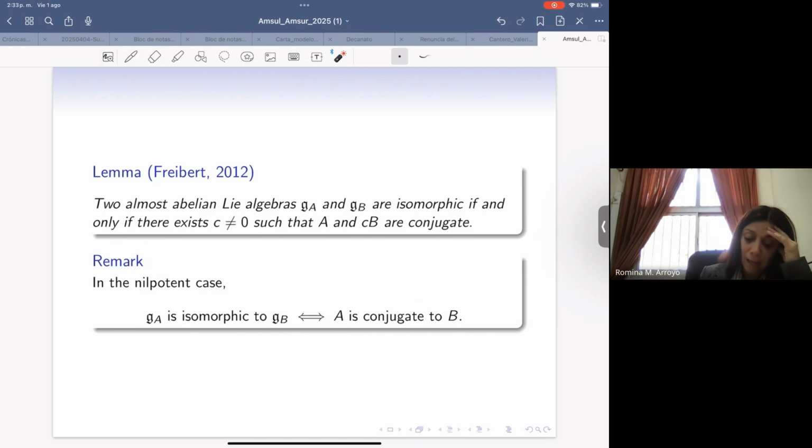And that is on this side. If you have a complex structure on one of these, you are going to have a complex structure on the isomorphic Lie algebra, because all the statements are going to be written in terms of isomorphism or conjugation.